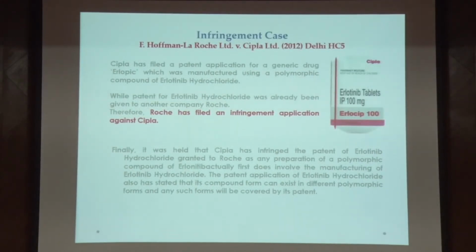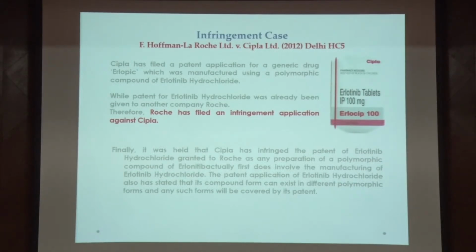So this is another case of infringement, where I just mentioned that of any known substance, you cannot take a patent. That is what Cipla did here. Roche already had a patent on that particular substance, and Cipla tried to manufacture a generic drug.